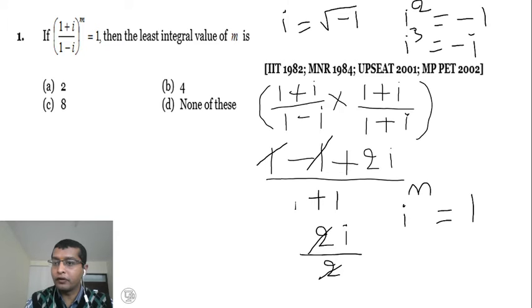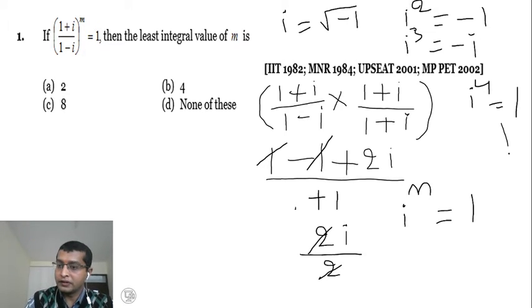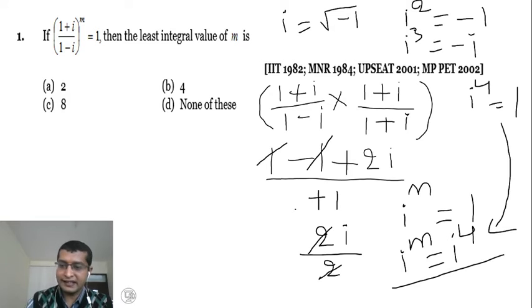And i raised to 4 is i square into i square, minus 1 into minus 1, plus 1. So this value I am going to use here. It is i raised to m as it is, and 1 we take as i raised to 4. Now bases are the same, so we can equate the powers, and we get the value of m equal to 4. Therefore B is the right answer.